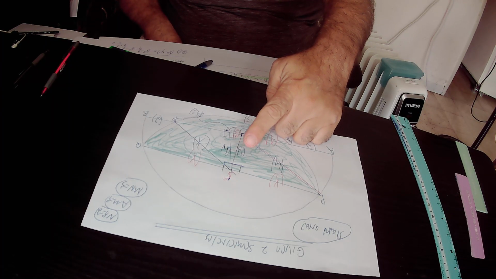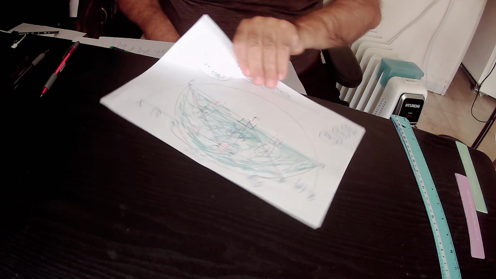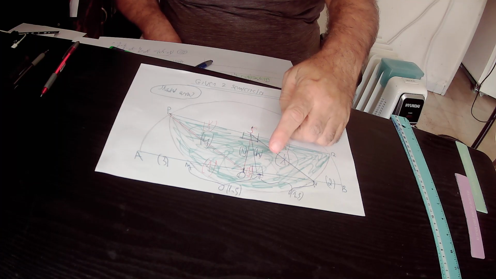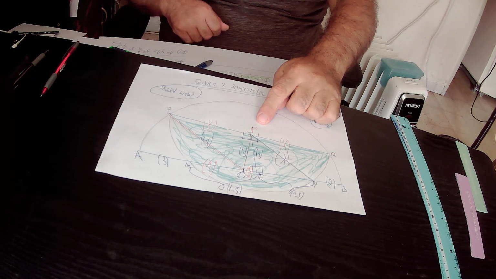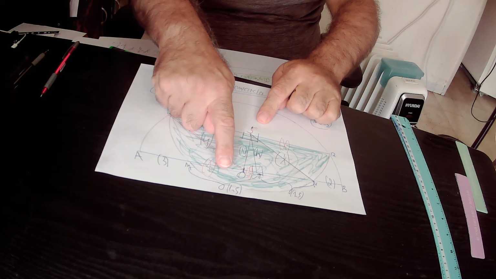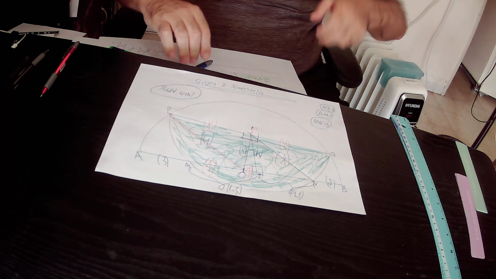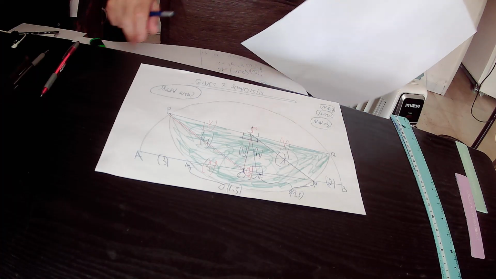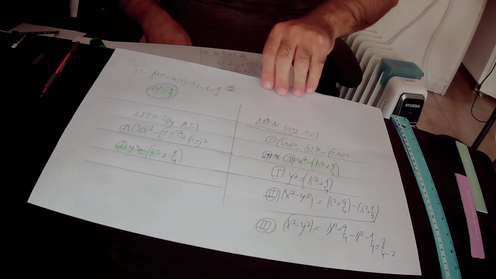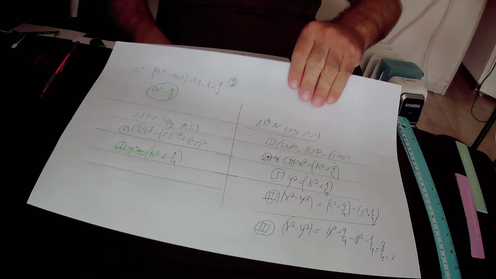First of all, we implement the Pythagoras theorem on this small right triangle STO. According to the Pythagoras theorem, SO squared, the square of the hypotenuse, equals ST squared plus OT squared.